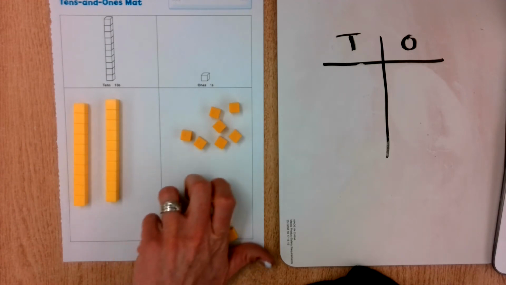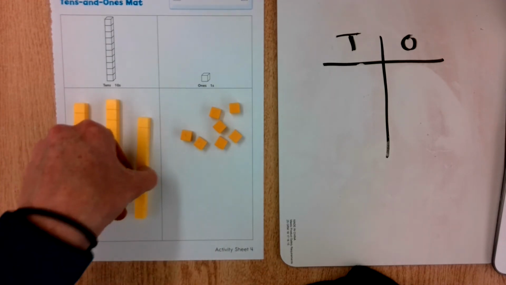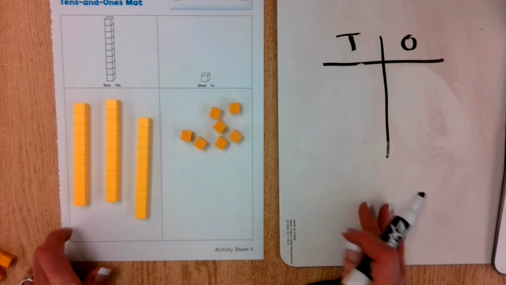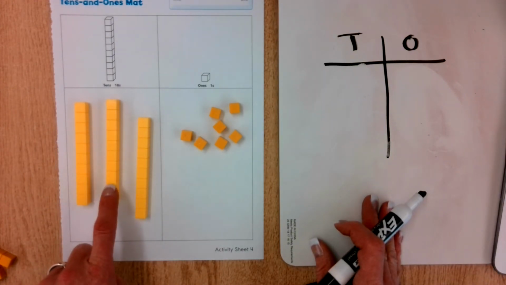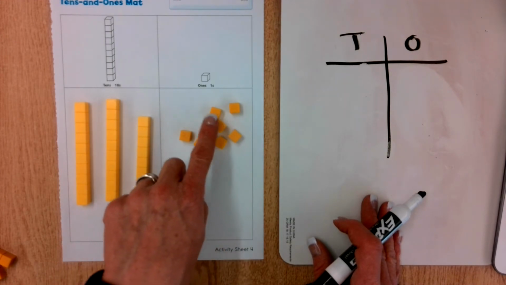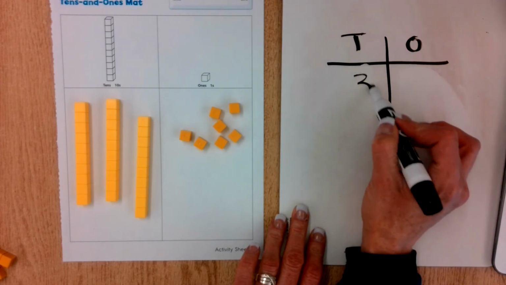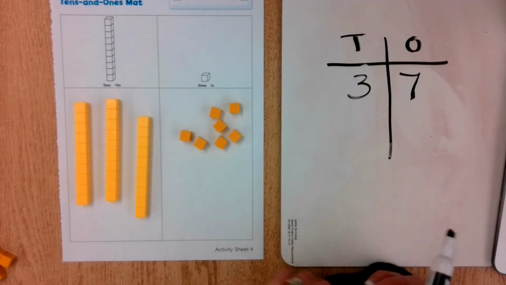There's the 10. I'm going to take the 10 away. I'm going to exchange it for another long. And now let's figure out what my number is. 10, 20, 30, 31, 32, 33, 34, 35, 36, 37. So again, 37, 3 10s and 7 1s.